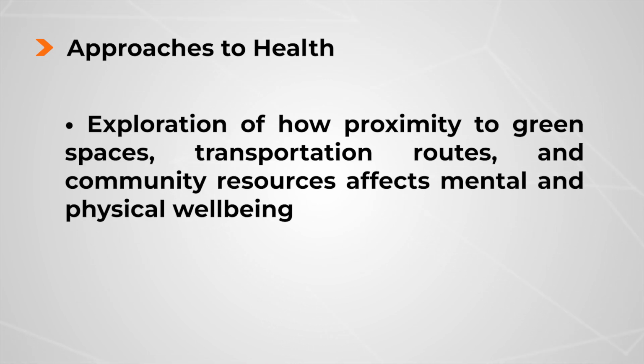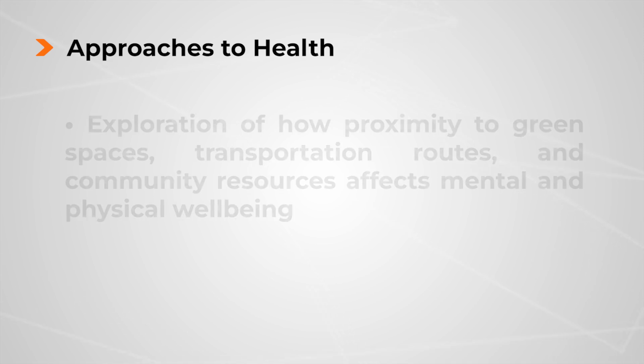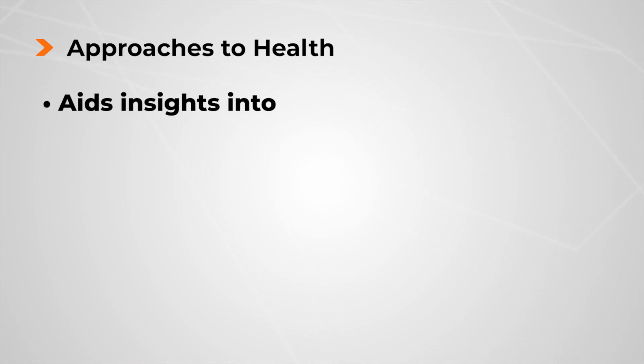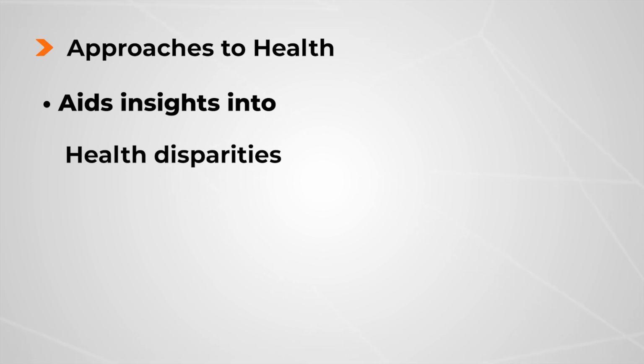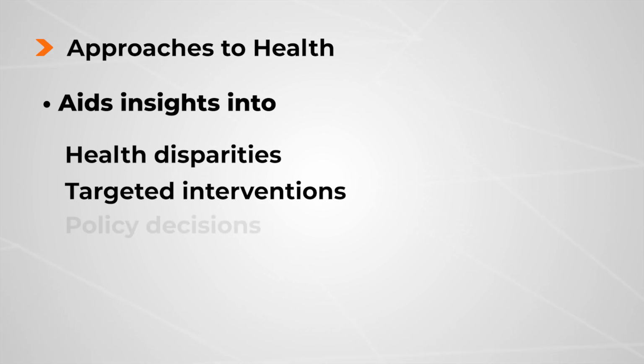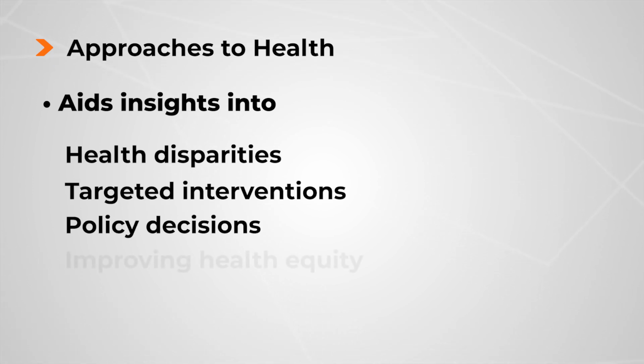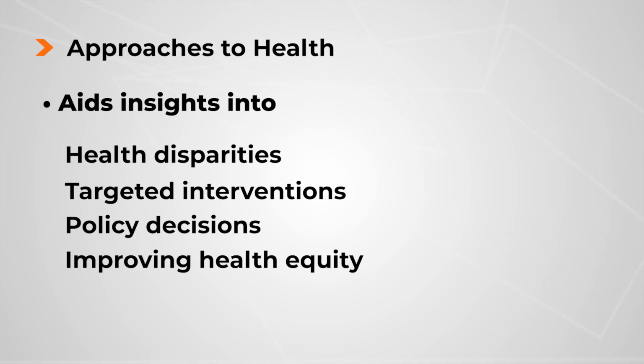Additionally, this approach allows for exploration of how proximity to green spaces, transportation routes, and community resources affects mental and physical well-being. Ultimately, the spatial approach provides valuable insights into health disparities, guiding targeted interventions and policy decisions aimed at improving health equity within communities, within areas.